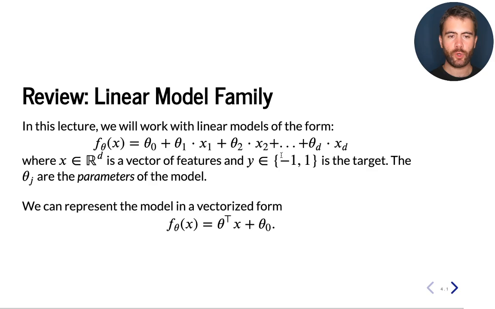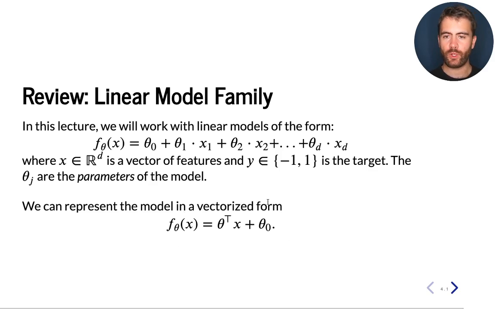And we can write models of this form in a vectorized form, which looks like this. So here we have a vector of weights theta. We do a dot product between theta and x, and then we also add a bias term theta 0, and that defines the model class that we are going to consider.